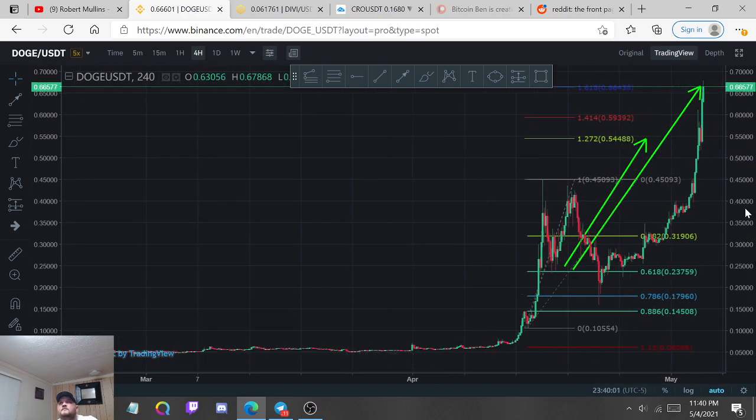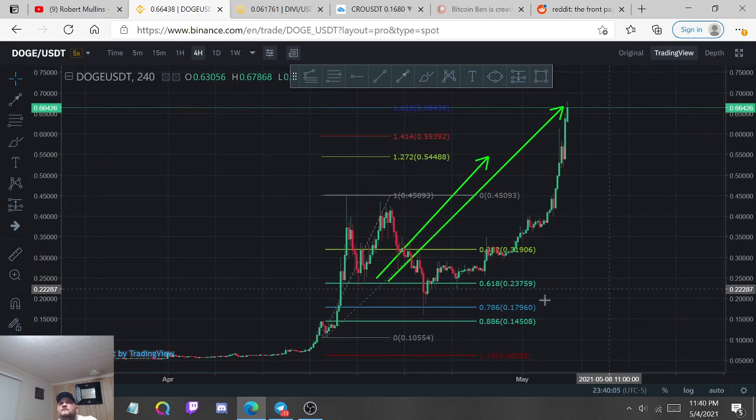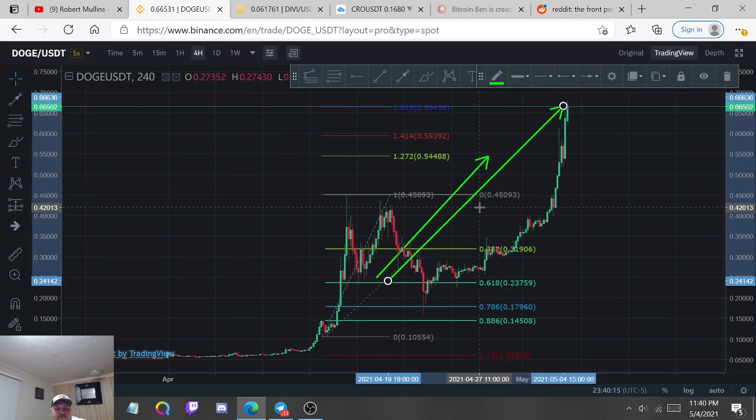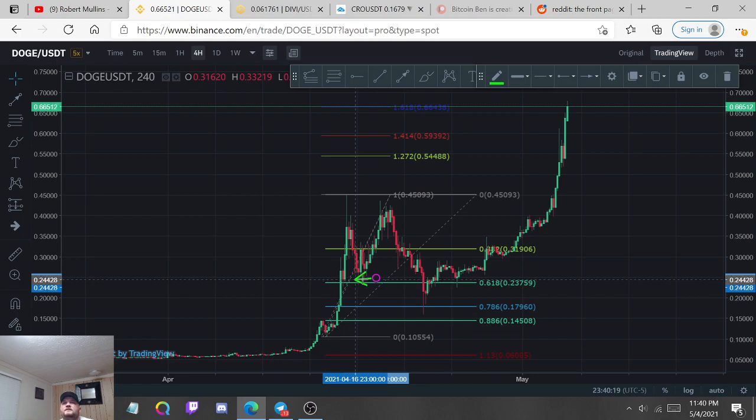So this is kind of it now. It looks a little different, but we can see that the plan was always higher after 24 cents.